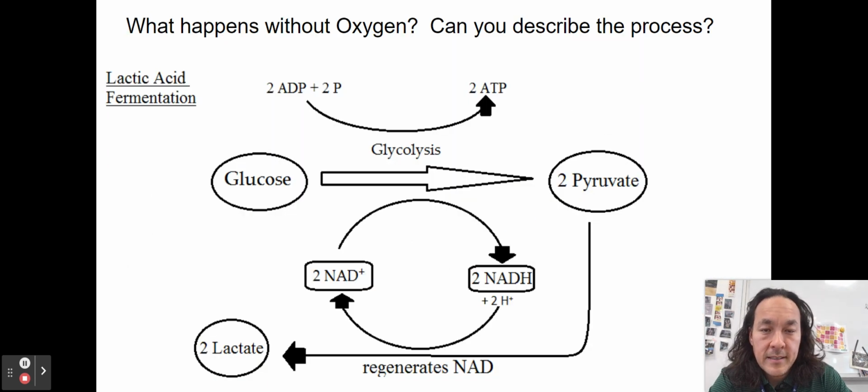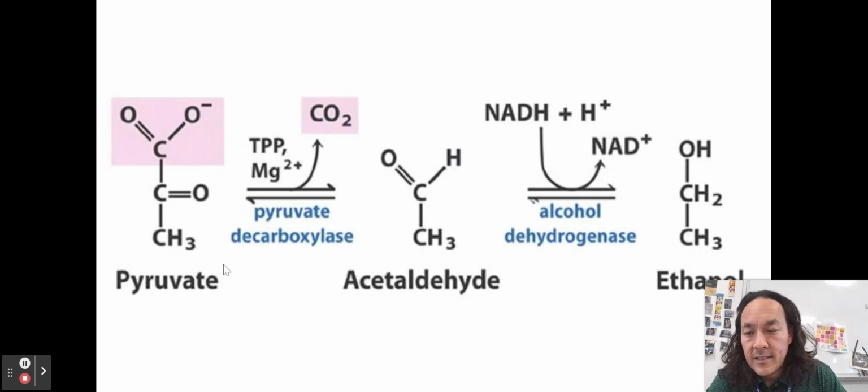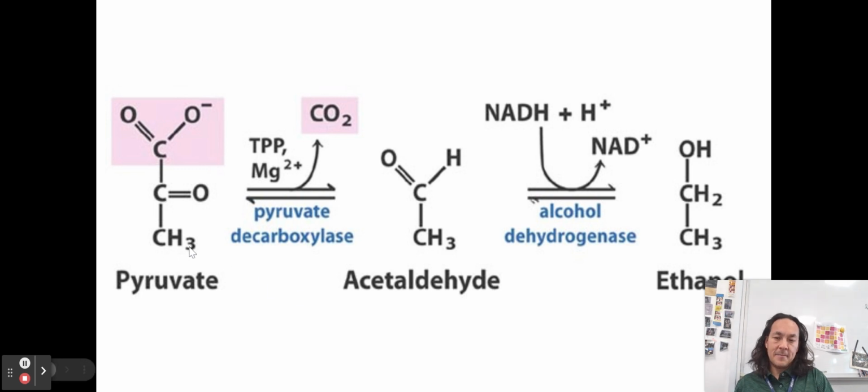So for the yeast to do that, it's going to dump the electrons from NADH onto acetaldehyde. Acetaldehyde was made from the pyruvate, and then this acetaldehyde is going to be converted to ethanol, to alcohol. And so that's how yeast are able to regenerate the NAD plus needed to do fermentation.